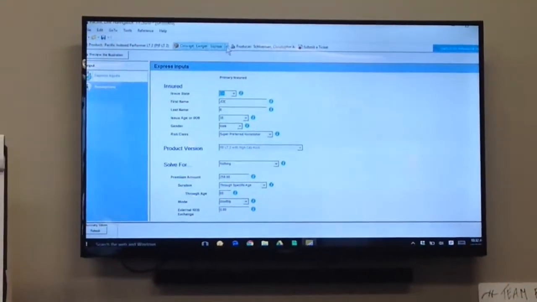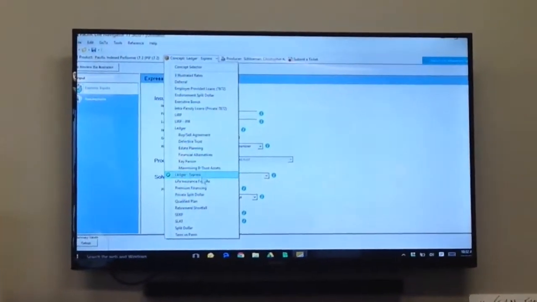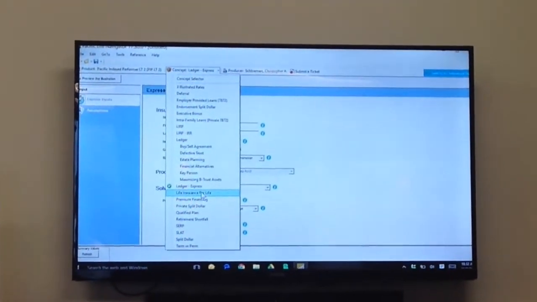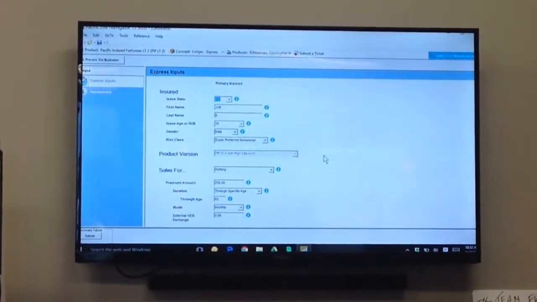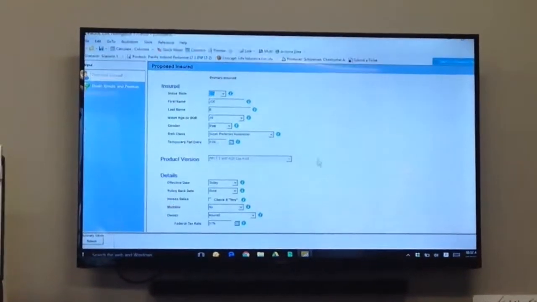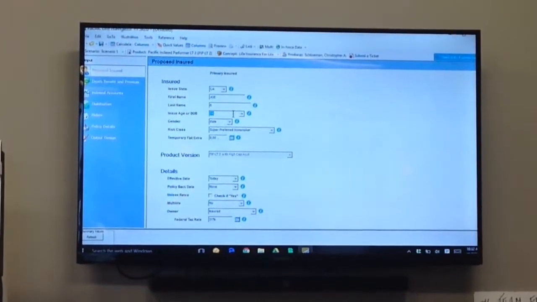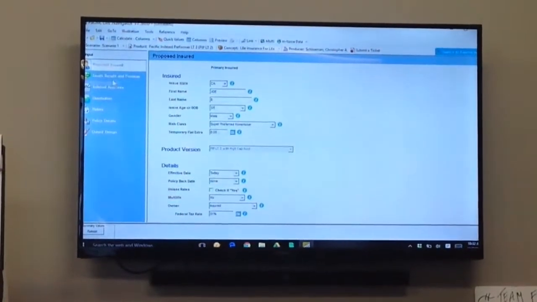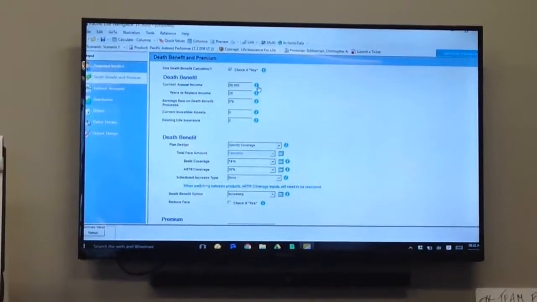I like to do real illustrations, not express inputs. When you do the express, it's just like a shortcut. It takes a lot of the opportunities out of your hand to control the client's destiny and to really customize things.